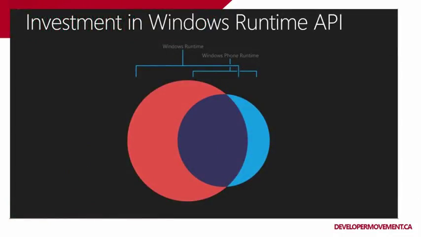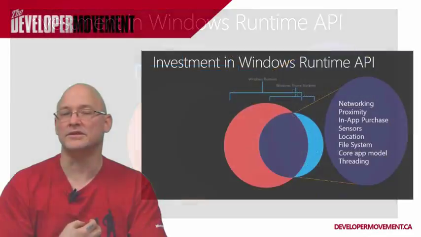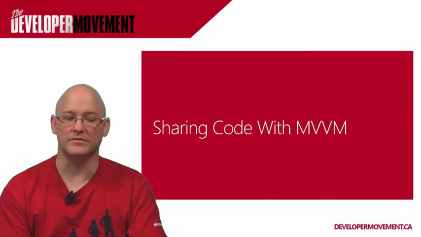So there are a lot of really great elements included, things like networking, proximity, in-app purchases, a lot of the things that you're going to want to do on both the Windows RT and the Windows Phone side are available in something that you could put in a portable library and keep the same experience for your users and the same code experience for yourself across both platforms.